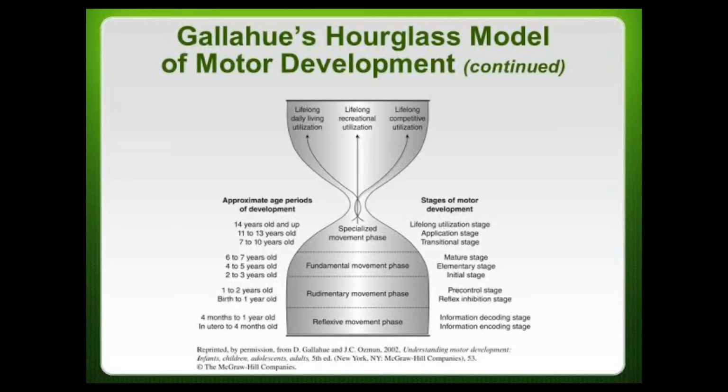So I advise you to study this one, and you will note that by age 7 to 11, students are already expected to participate in specialized or sports-related movement activities. And 14 years old and up, they are already expected to develop not only skills, but also the attitude of being able to participate in lifelong physical activities.